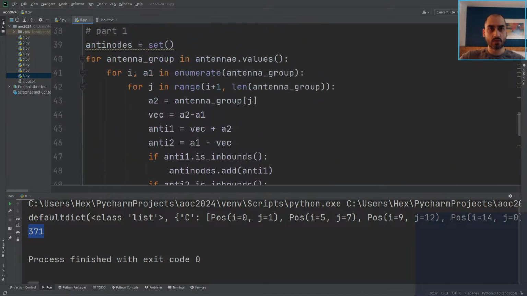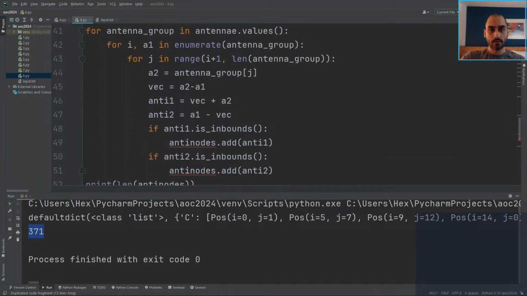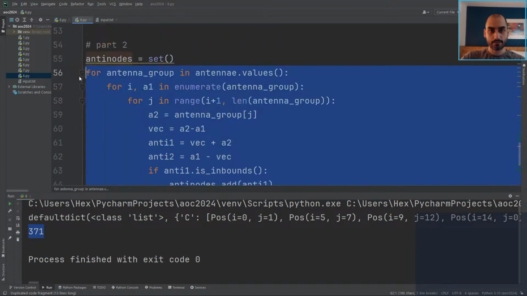So just do this in this one loop. Just say antinodes P1, antinodes P2. Alright, so let's get rid of all this.